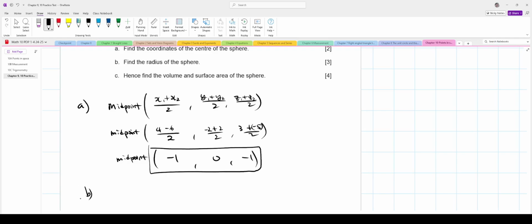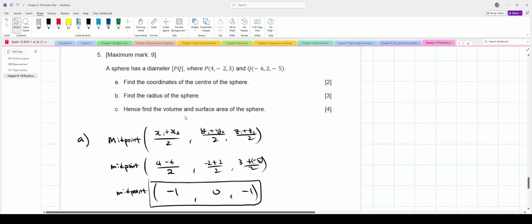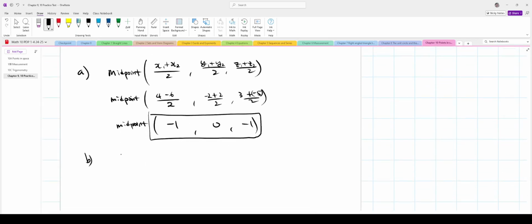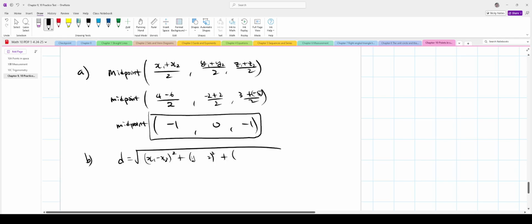You find the radius of the sphere by finding the diameter and then dividing it by 2. Instead of using the midpoint here, I'm going to just use P and Q to be safe. So once again, the formula for the distance is the square root of x1 minus x2 squared plus y1 minus y2 squared plus z1 minus z2 squared.